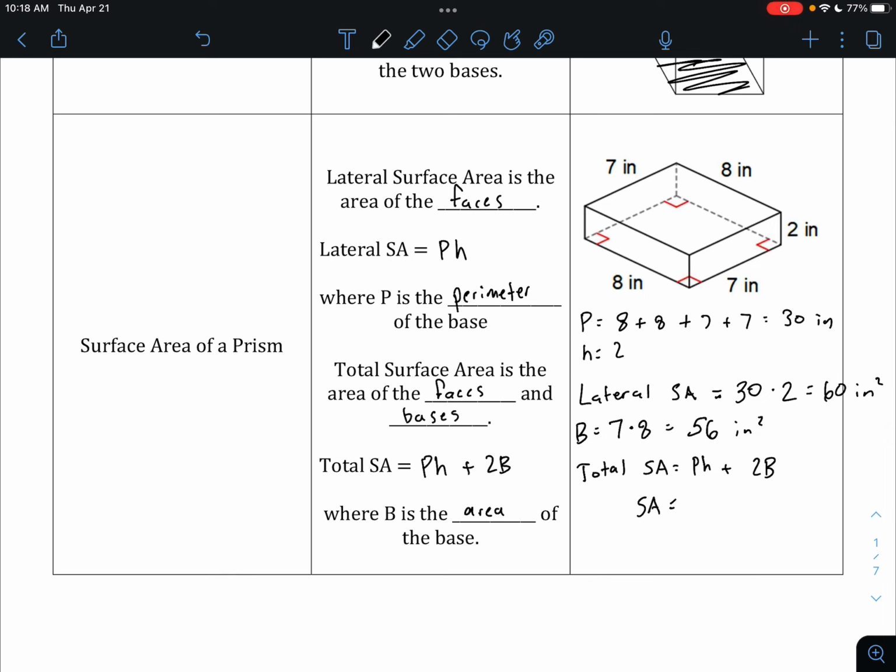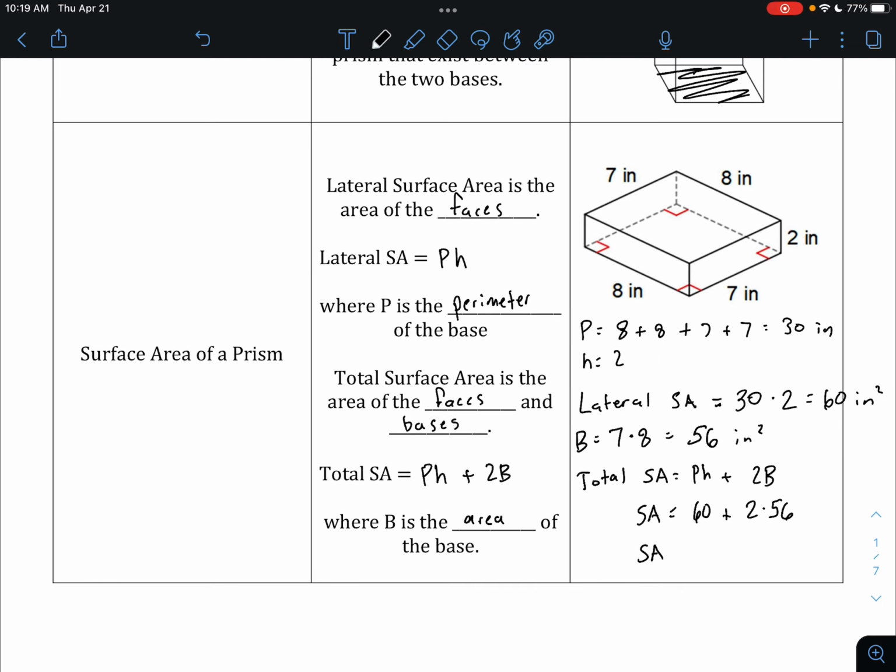We know that that is 60 plus 2 times the area of the base, which was 56. If we put that into a calculator, we can find that the total surface area is 172 inches squared.